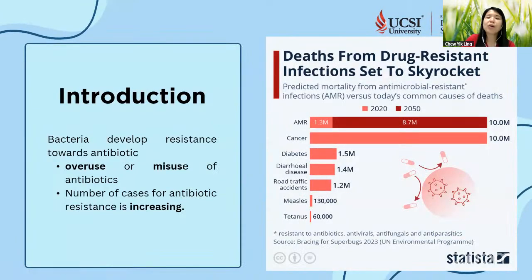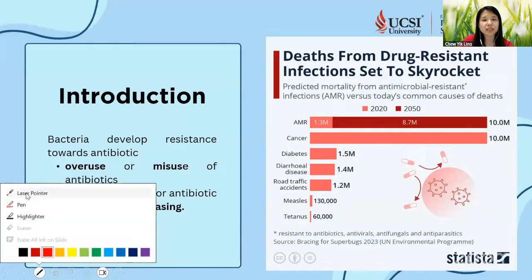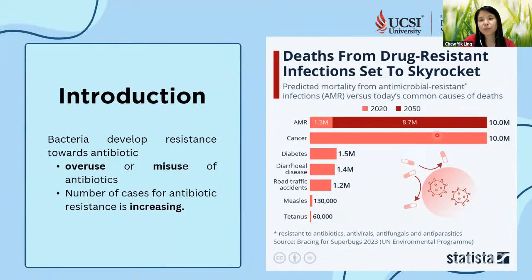Okay, a little bit on the statistics of drug-resistant infection. What we can see from this slide is that there is an increase in antibiotic-resistant cases since 2020, and it is expected to keep increasing up to 2050.